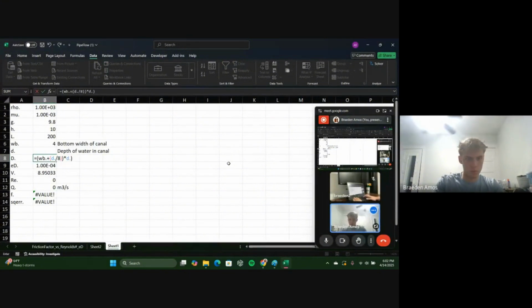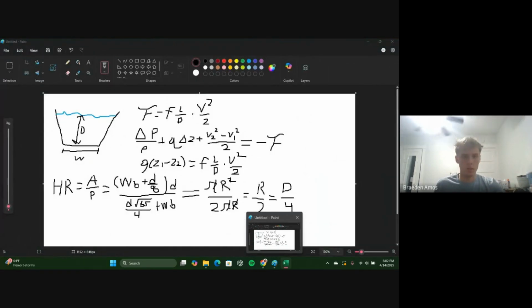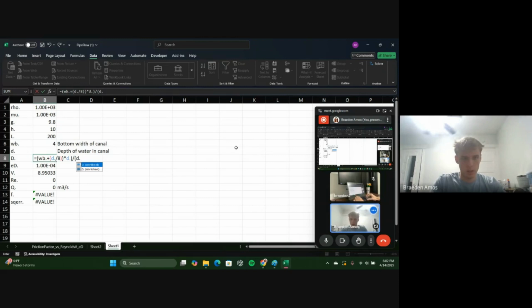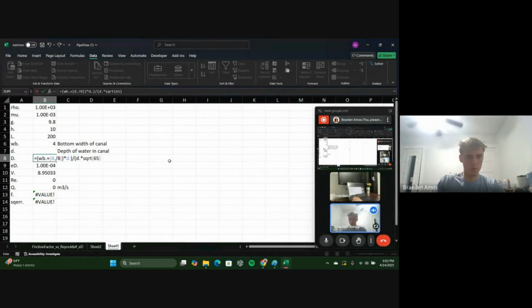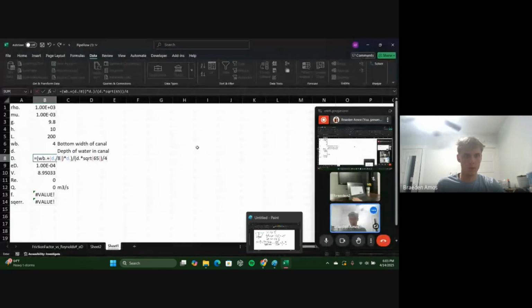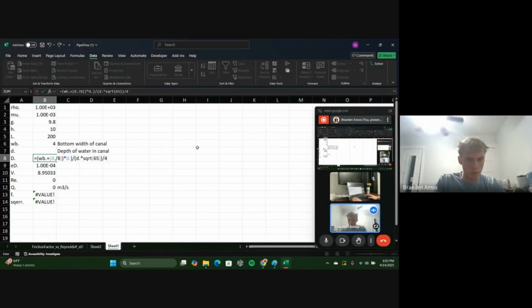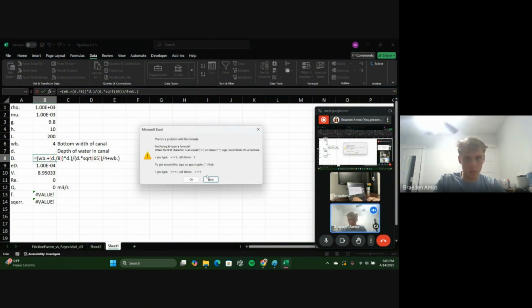And then all of that divided by D times SQRT 65 all over 4, and then plus wetted base, plus WB dot.